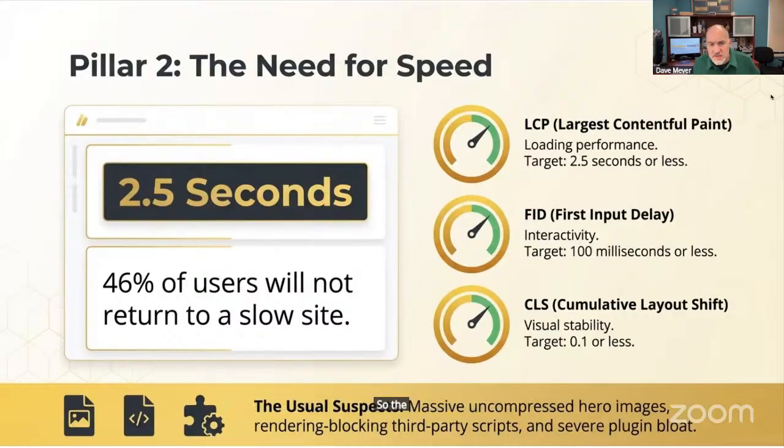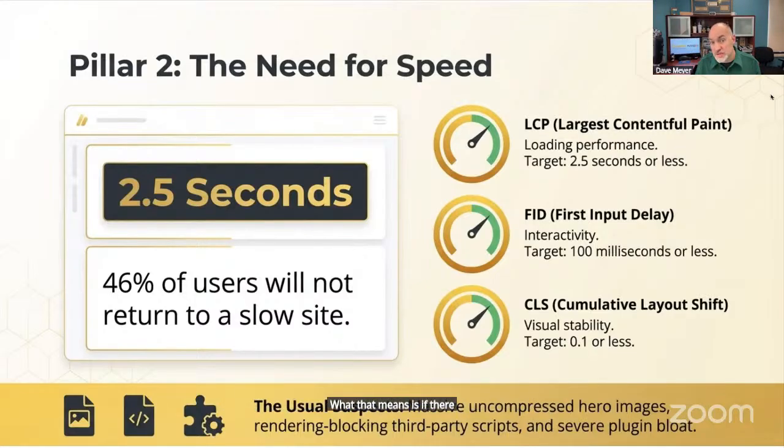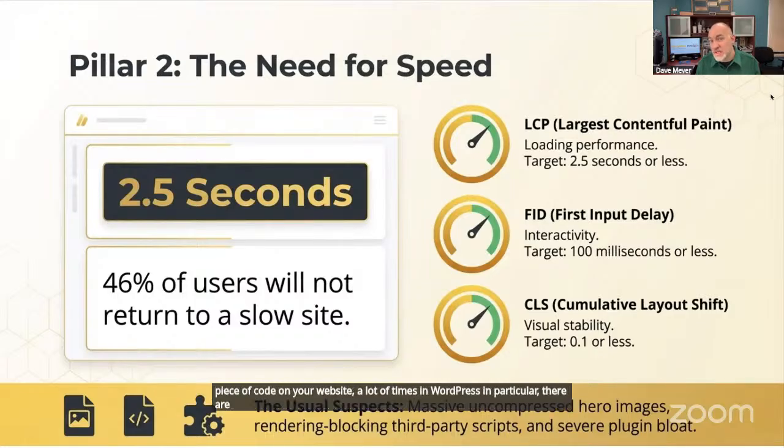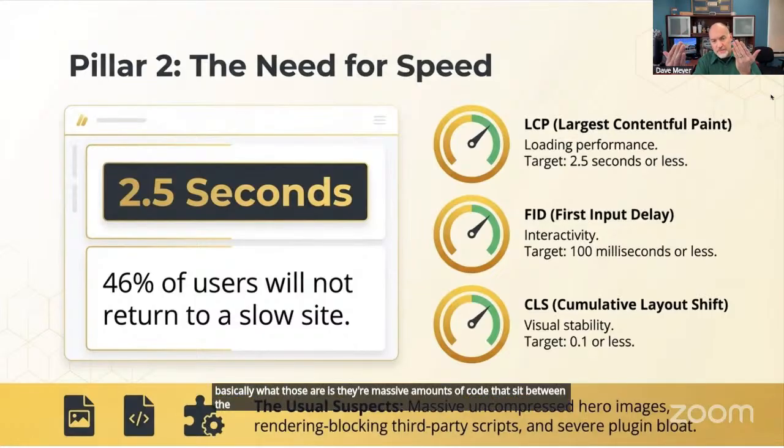The big things to look at and that you can impact are LCPs. That's the largest contentful paint. What that means is if there's a lot of big pictures or a heavy piece of code on your website, a lot of times in WordPress in particular, there are site builders like Elementor or WP Bakery. Basically, those are massive amounts of code that sit between the website content and the development of the content.